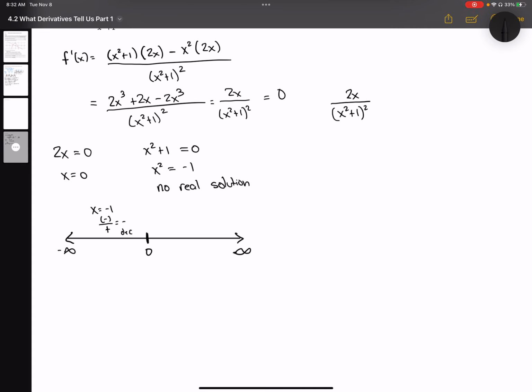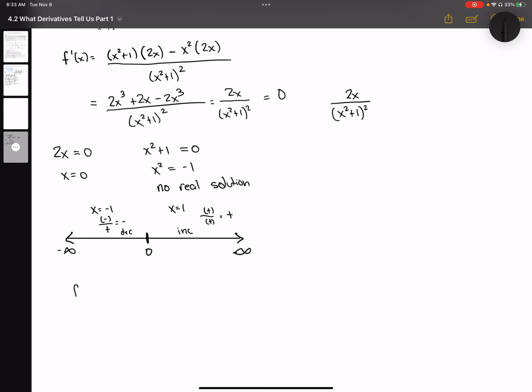And then from 0 to infinity, we would have, I don't know, x equals 1. And so then we substitute in 1, you would have a positive 2 divided by 2 squared, which is also going to be positive. So that is a positive, and that's going to be increasing.